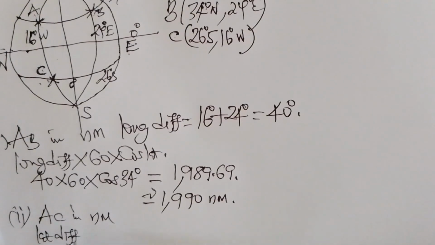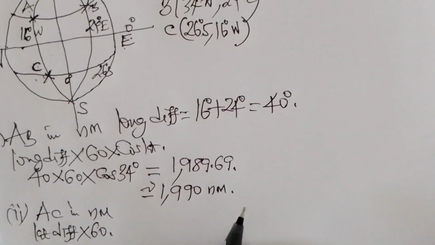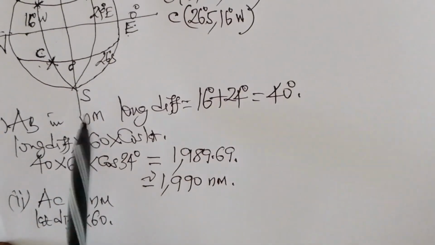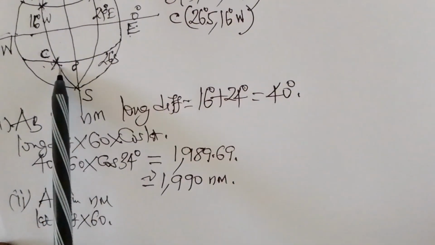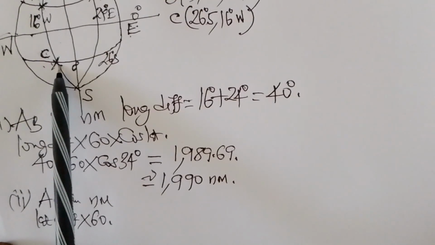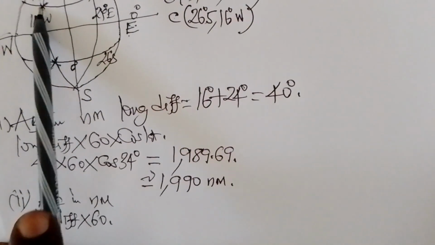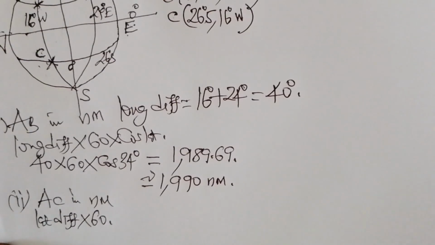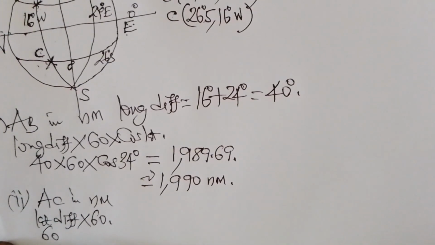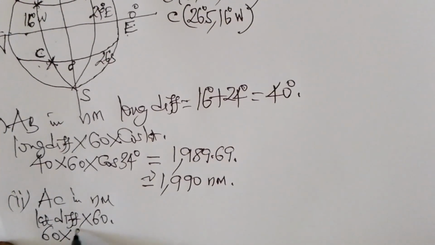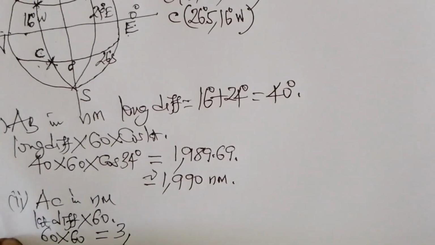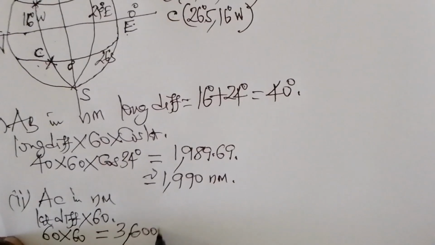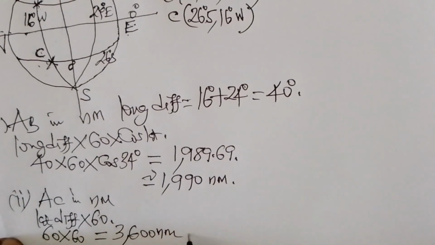And what is our latitude difference given by? This is 34 degrees plus 26 degrees. So that gives you 60 multiplied by 60, which gives you 3,600 nautical miles.